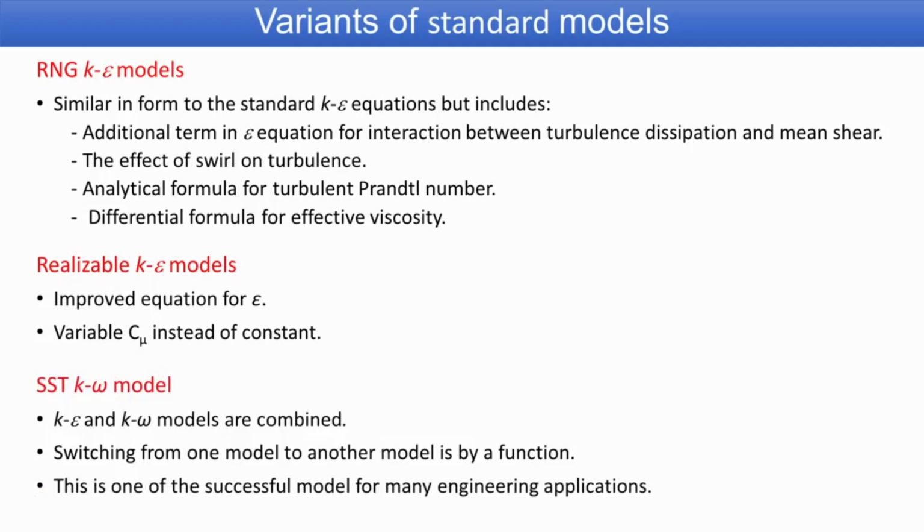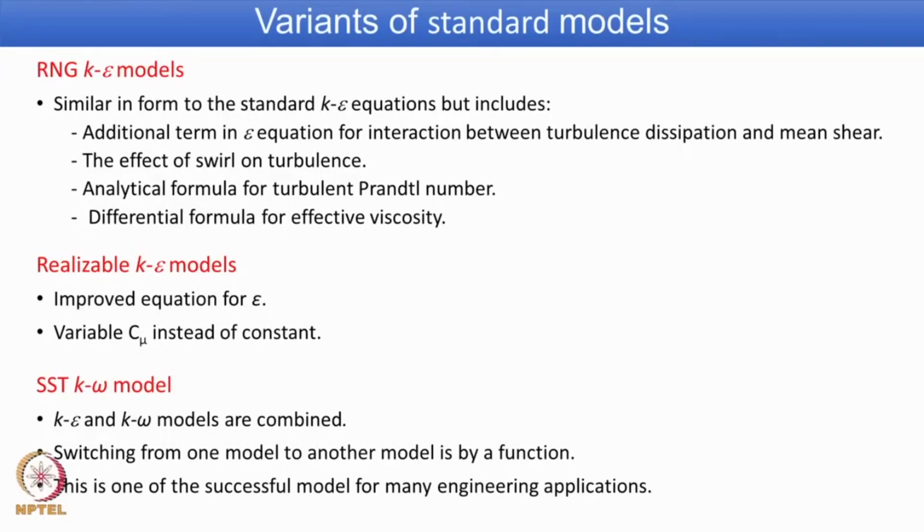Next is the SST K omega model. SST stands for shear stress transport K omega model. As I mentioned before, epsilon, omega and K are interrelated, as epsilon is equal to omega into K. We have a separate transport equation for K, and a separate transport equation for omega. It is possible to derive one from the other, or to combine them together and switch within the code itself, depending on the region in the flow, from the epsilon equation to the omega equation.